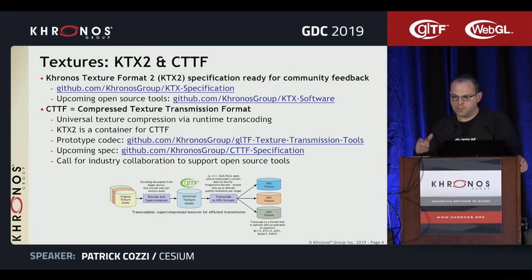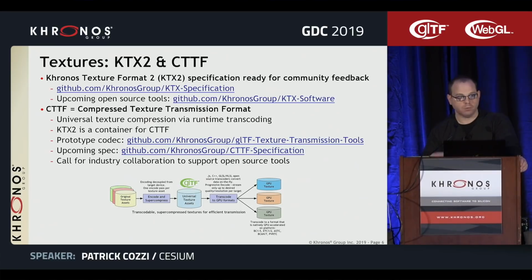Part of our motivation for KTX2 is to support this texture transmission format for universal texture compression. So instead of having 3 copies of your model with the textures compressed in 3 different ways for 3 different GPUs, you can have one super compressed texture that at runtime is transcoded to the GPU format.